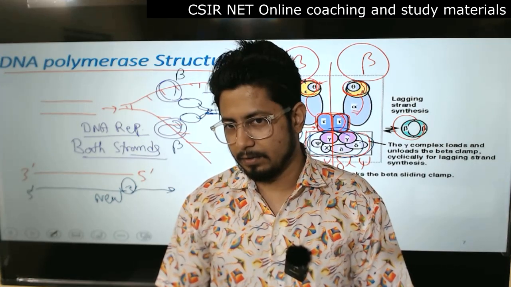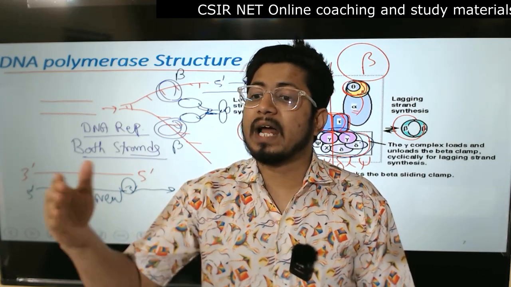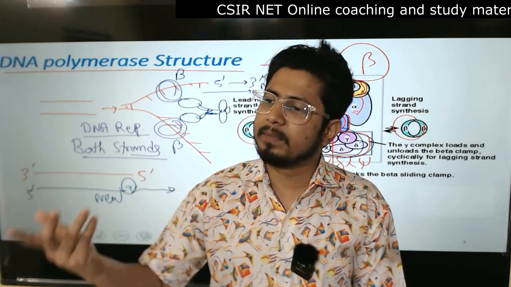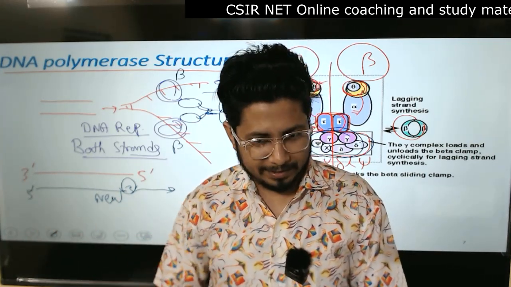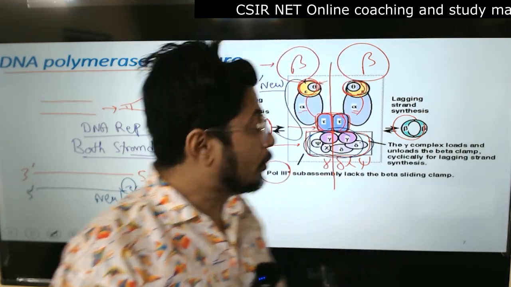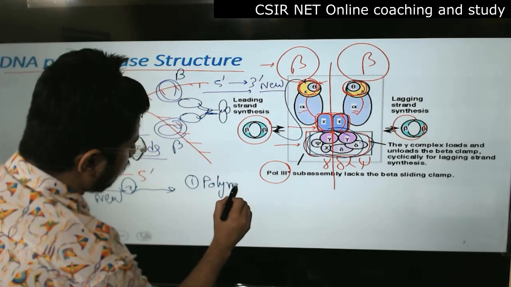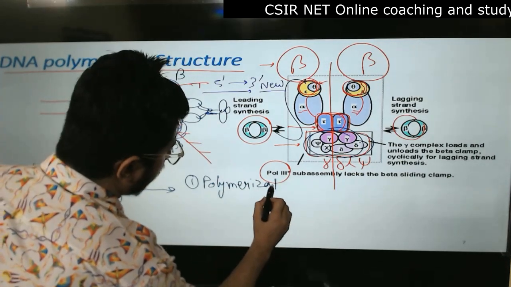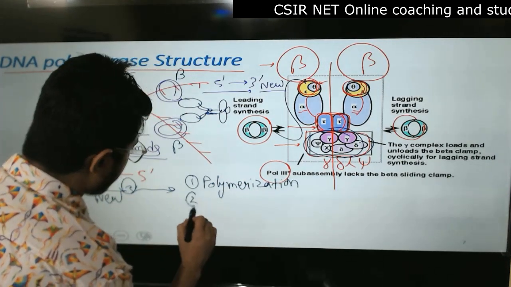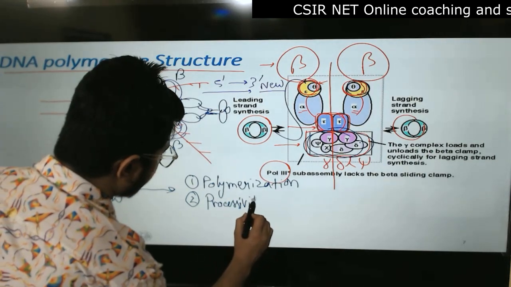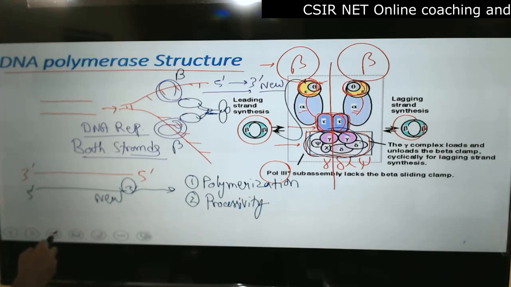Okay. So what is polymerization rate? Number of nucleotides added per minute or per second, that is polymerization rate. And what is processivity? There are two things. One is polymerization and the second one is processivity. What is the difference between the two?